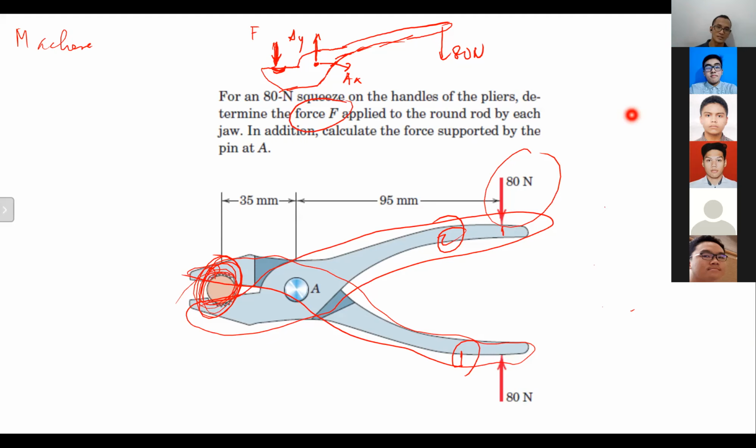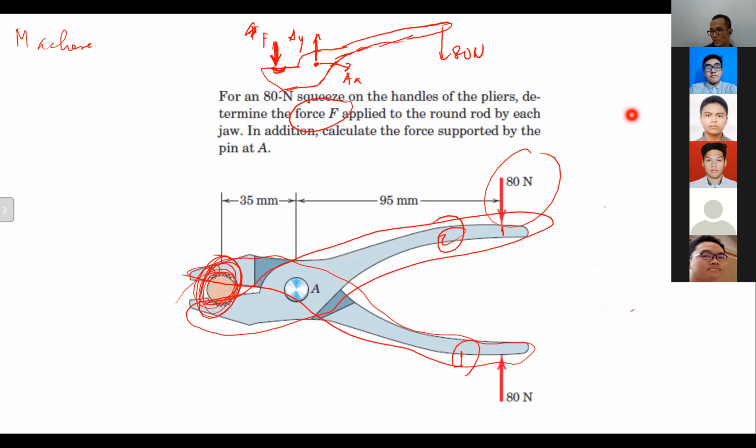The one in question is this particular F, the force that's supposed to be happening at the rod. That's the free body diagram, Rena. Okay, do you get it? Yes.